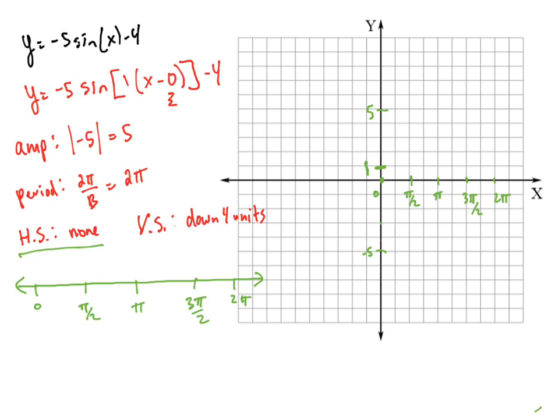And then negative 5 minus 4, we're going to go down to negative 9. And instead of a midline of y is equal to 0, the new midline is going to be at y is equal to negative 4.